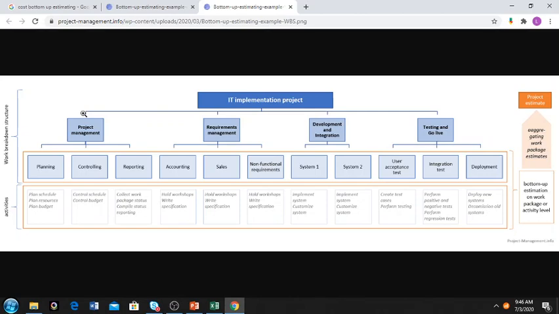Instead of estimating the whole project, you break it into sub-projects or components, and then you estimate the cost of each component, and then you sum them up. For example, here we have project management, requirement management, development and integration, testing and go live.